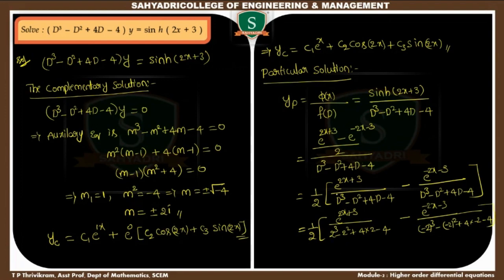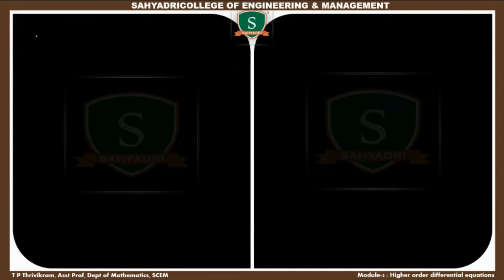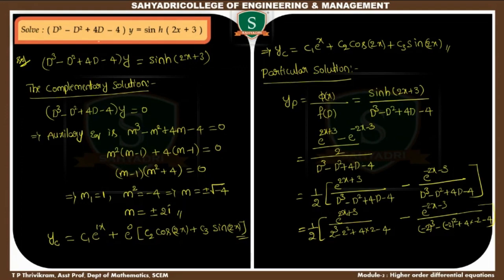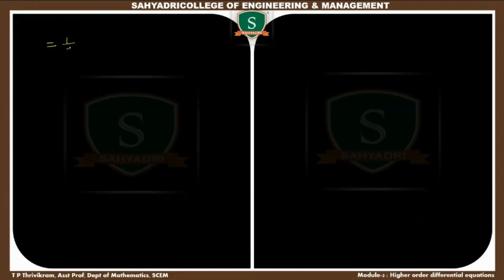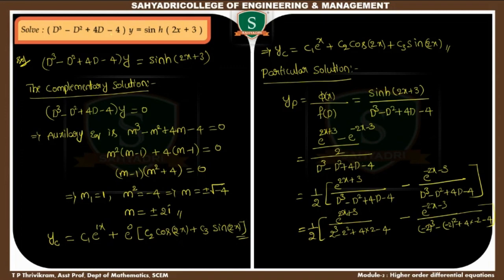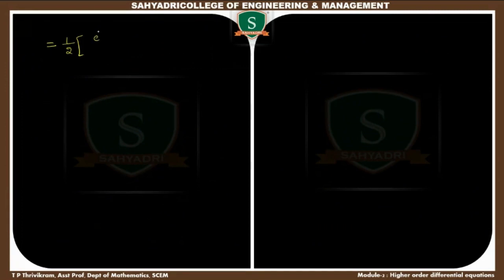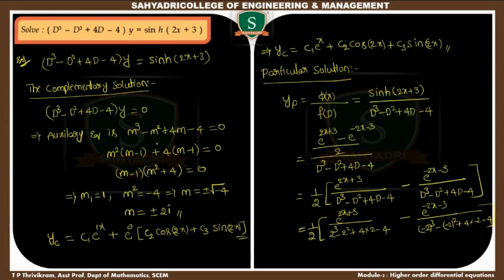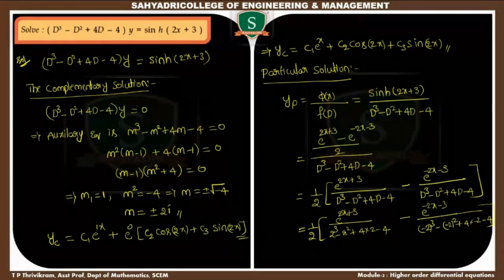So now this one is equal to 1 by 2 into, so how much? e power 2x plus 3, 2 cube 8, 8 minus 4, 4, 4 plus 4 minus 4, it will get cancelled, 8 will remain.